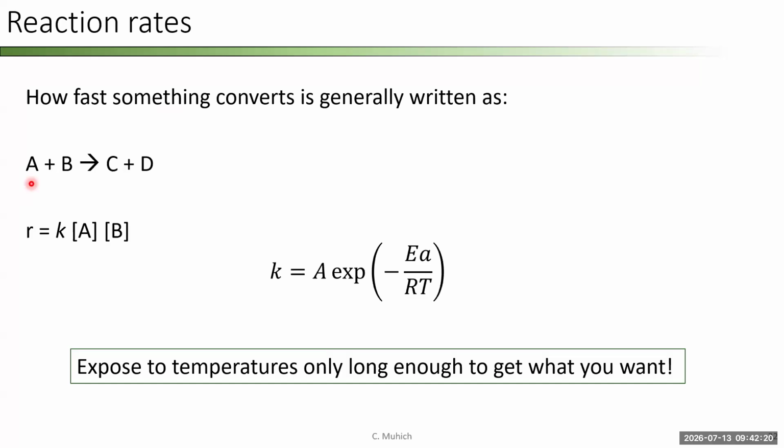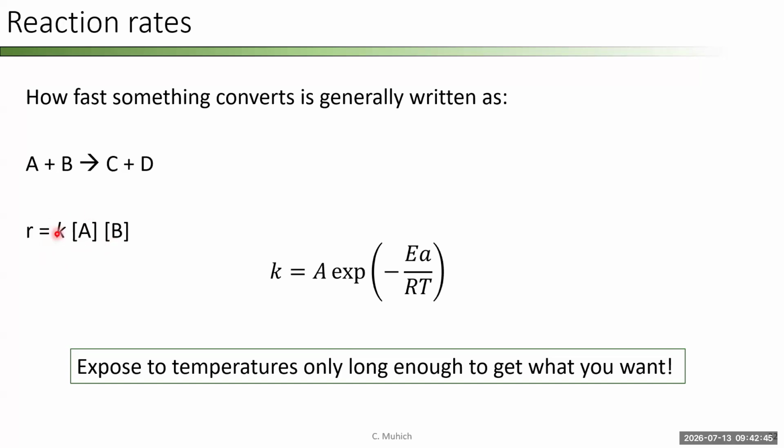And we can say that A plus B going to C plus D, how fast this is happening is determined by the rate of this reaction. And we generally write this as the rate equals a lowercase k, which is our reaction rate constant, times the concentration of A times the concentration of B.